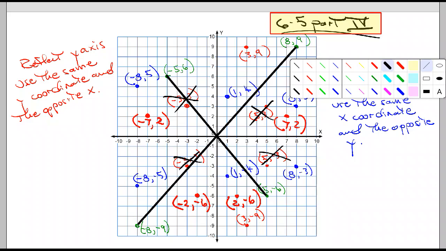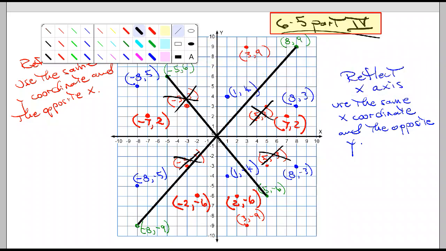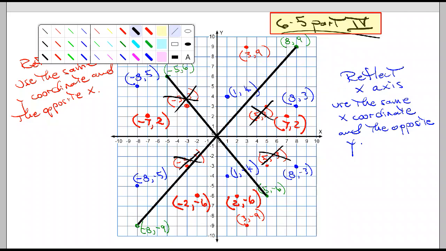Now, something else you may not have noticed, if you're reflecting the y coordinate, what's going on here? It's a straight line crossing the y-axis. If you've done the x-axis correctly, what's it doing? Going a straight line right through the x-axis.